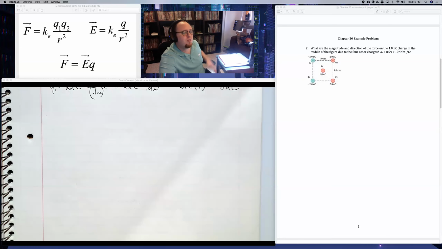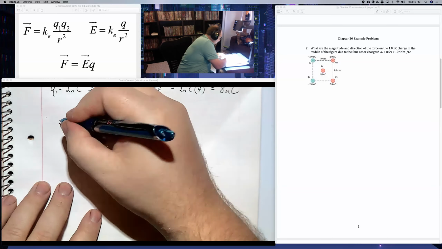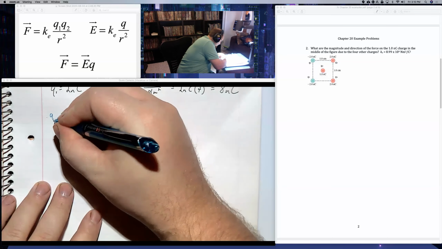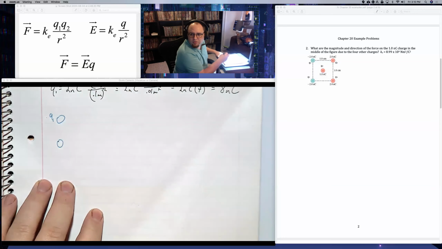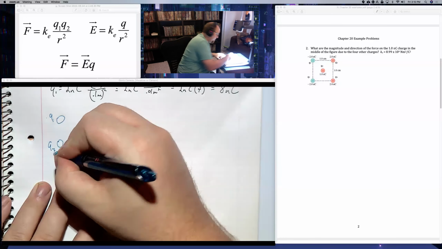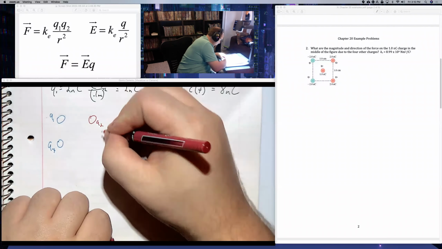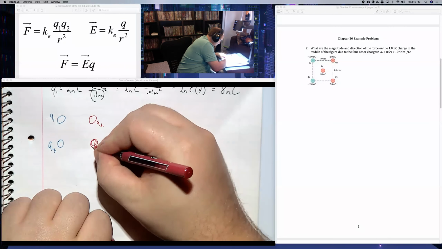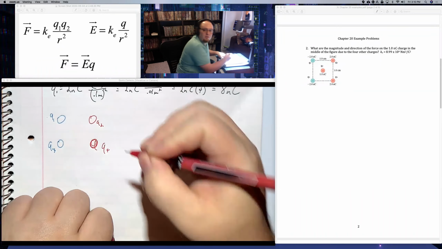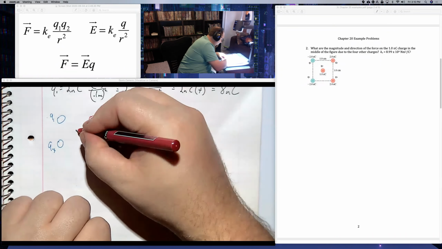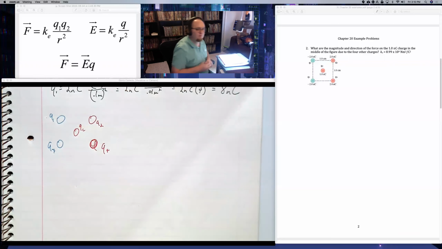But this next one was more complicated because it actually deals with a two-dimensional system where I have Q1, is that 2 or 3? That's 3, Q3, Q2, oop, Q4, and the middle one's positive, QC.